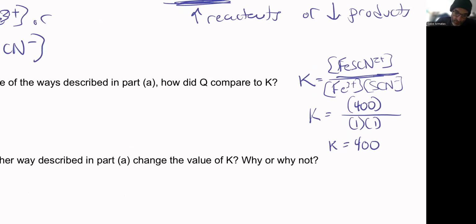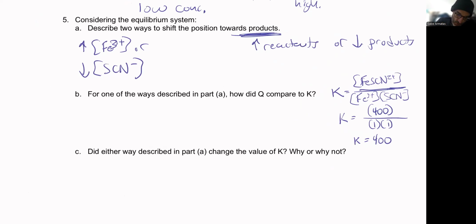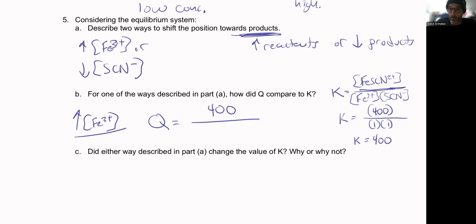But we are going to focus on just the change in concentration of iron. So if I increase the concentration of iron, what's going to happen? Well, if I all of a sudden just toss a bunch of iron in, I am no longer at a K because I'm now at Q. So let's say that we were at equilibrium with 400 of my iron thiocyanates, and I jump from 1 to, let's say, 100.